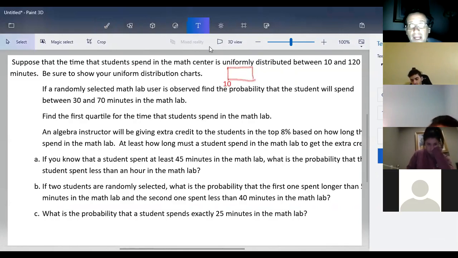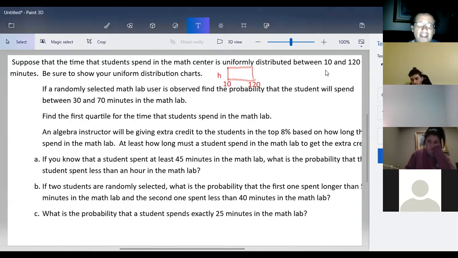And then I'm going to label the right at 120. And we need the height of the rectangle. So we're going to start there. I'm going to call that H for height.